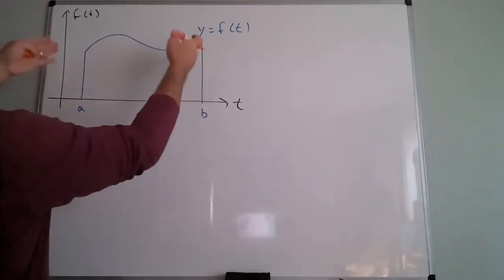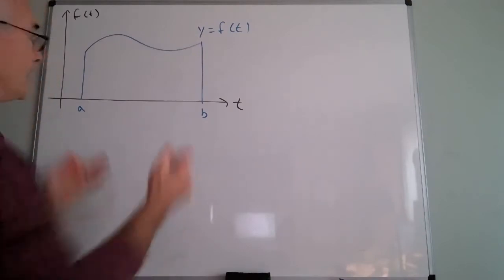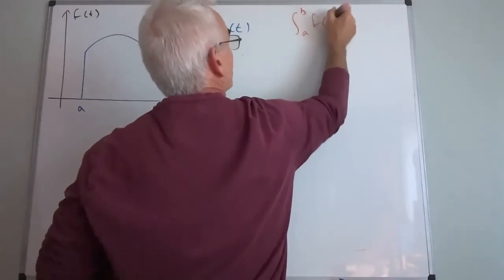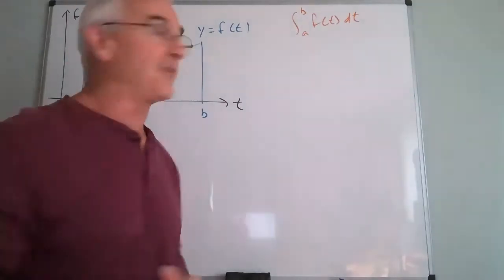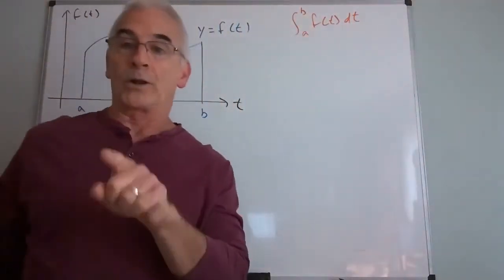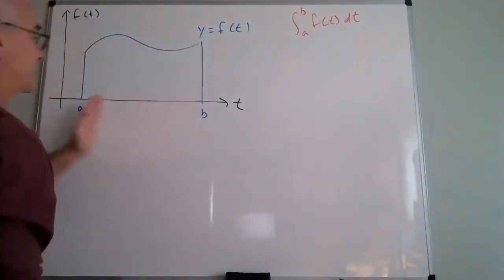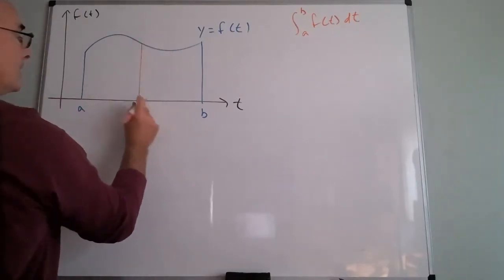And by the way, if I said, what's the area, the entire area, just so we know, this entire area we already know is the integral from A to B of f of t dt. I can use any letter of the alphabet. I just need these to be the same letter. Okay, we're going to use x to represent something else. I want x to be any place along here. Let's say x is right there.